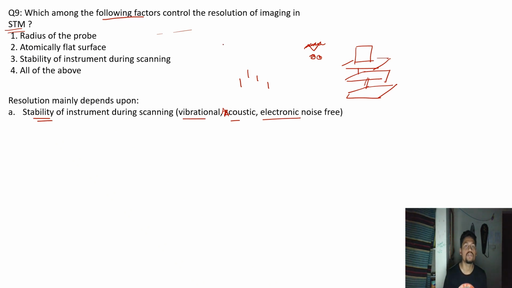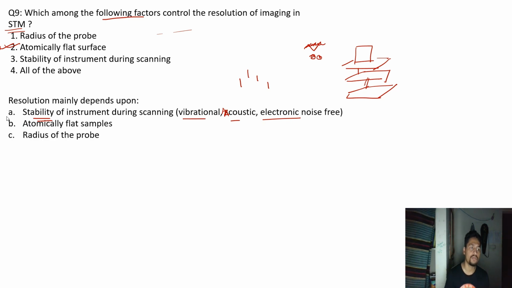Atomically flat also means there is no noise or impurity, so the signal to noise ratio of the images will be very high. This is true, we know already. So atomically flat samples give higher resolution, as I told you.